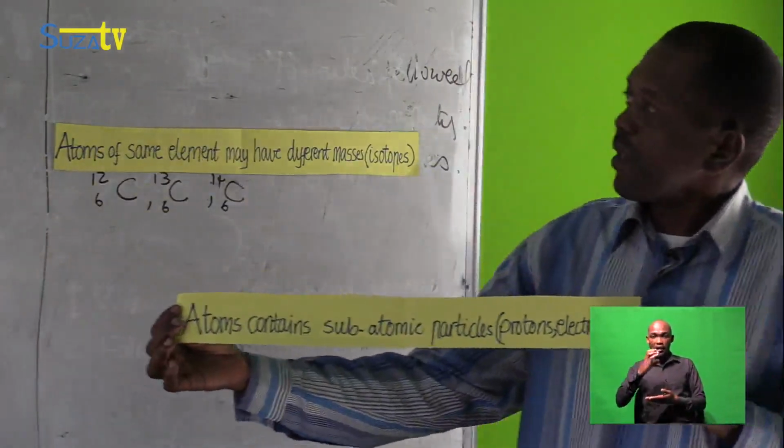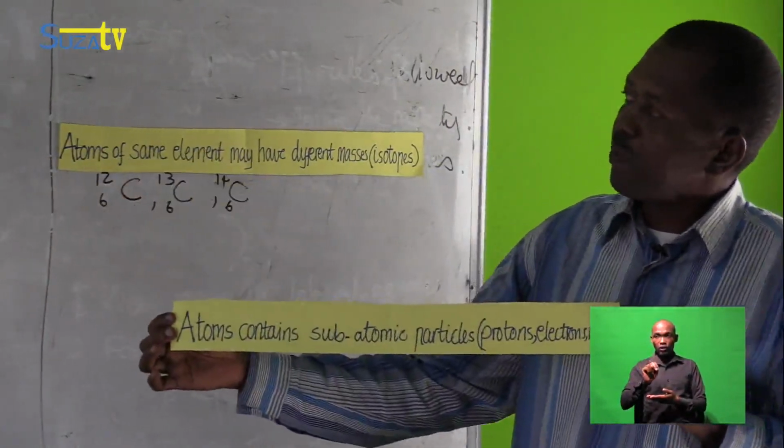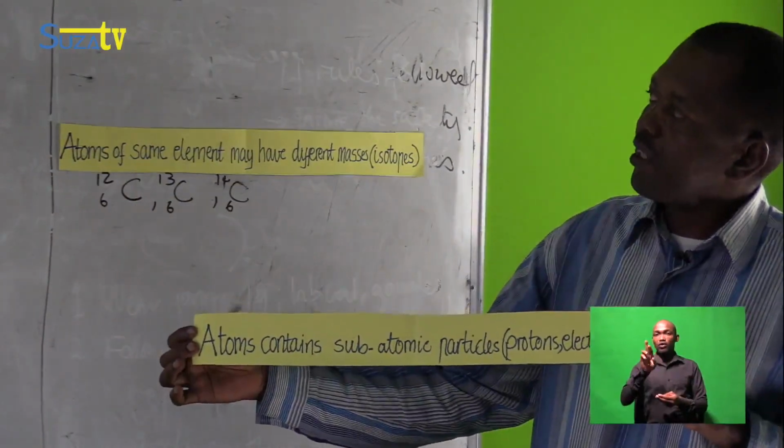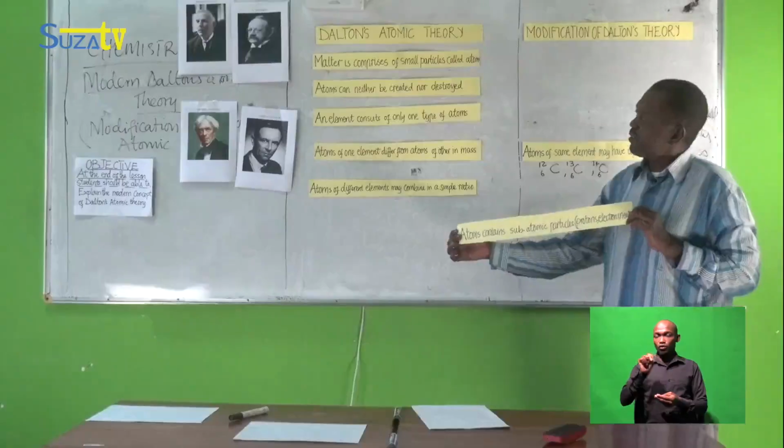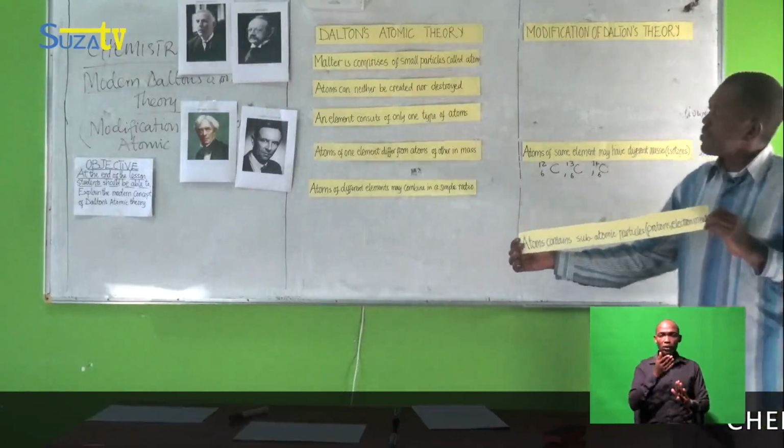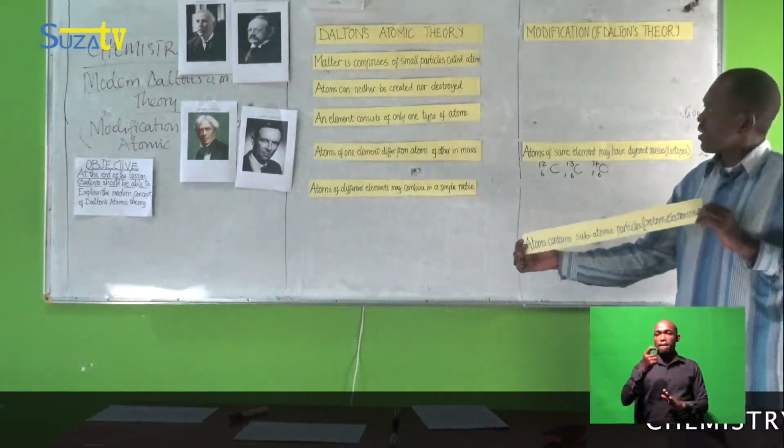So now, let's look at those postulates of Dalton atomic theory. The first one says matter comprises small particles called atoms.